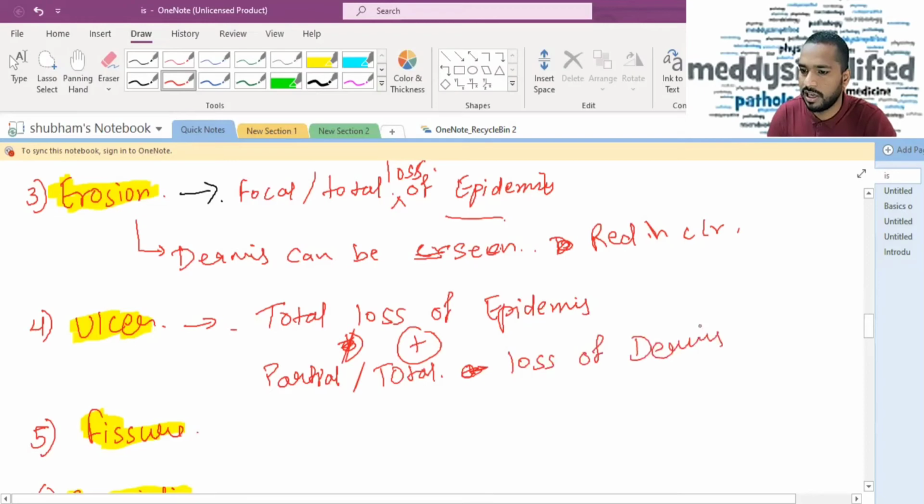So this is ulcer, right? Focal or total loss of epidermis is erosion. Focal or total loss of epidermis plus partial or total loss of dermis is called ulcer.